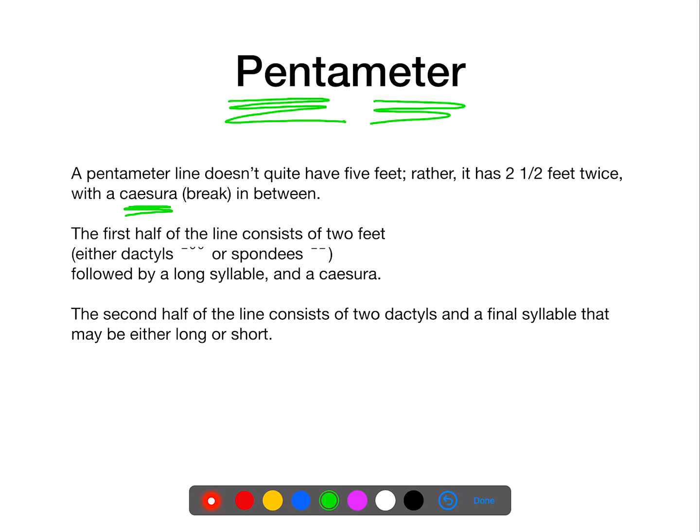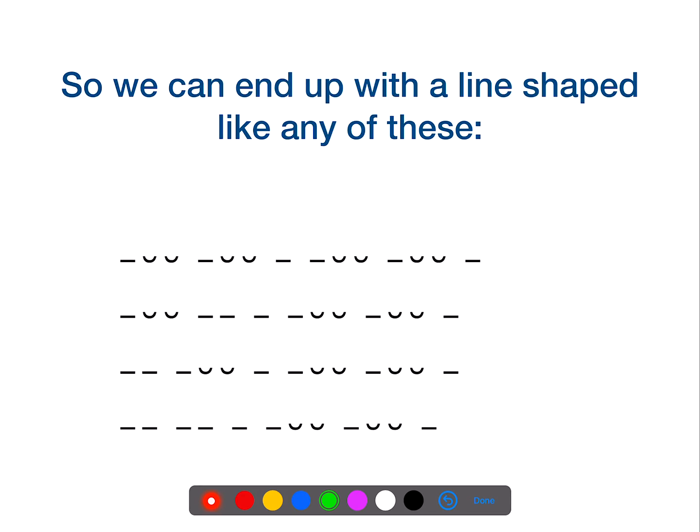The first half of the line consists of 2 feet, either dactyls, long, short, short, or spondees, followed by another long syllable and then a caesura, a break. And then the second half of the line is more regular. It's always 2 dactyls and then a final syllable that can be either long or short, but it counts as long because it's at the end of the line. So we have a little rest there.